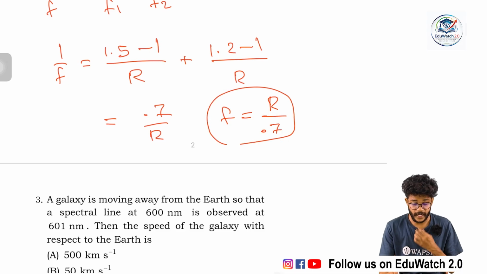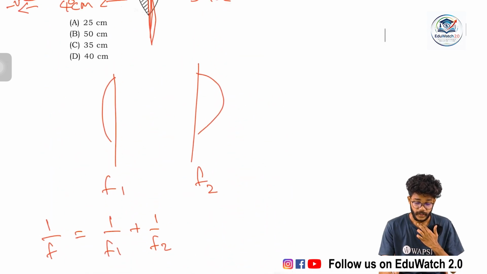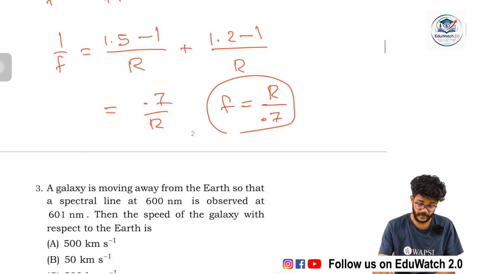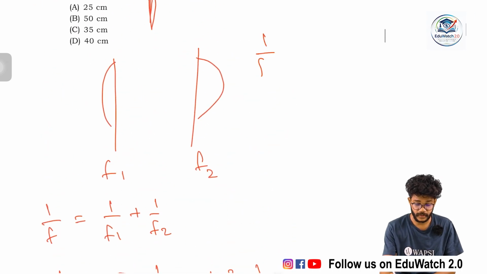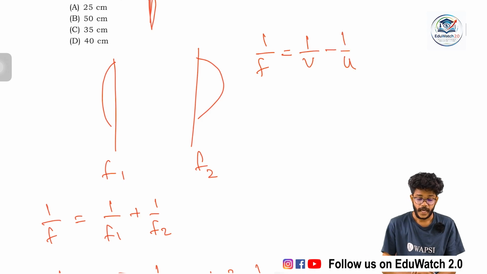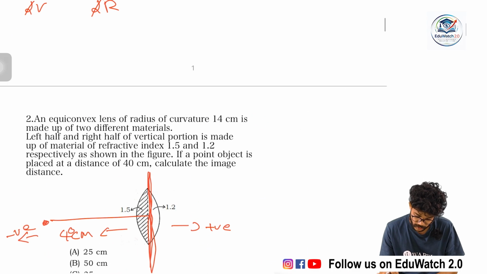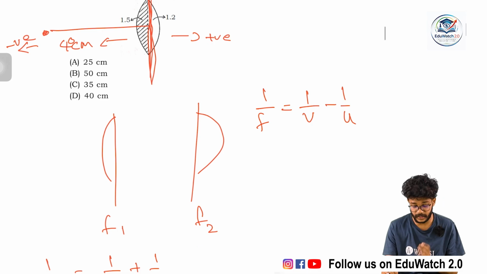Okay, so we have the focal length, and we know that 1 by f is equal to 1 by v minus 1 by u, and u is 40 centimeter. Okay, and the radius of curvature is 14 centimeter. Okay, we can substitute that.